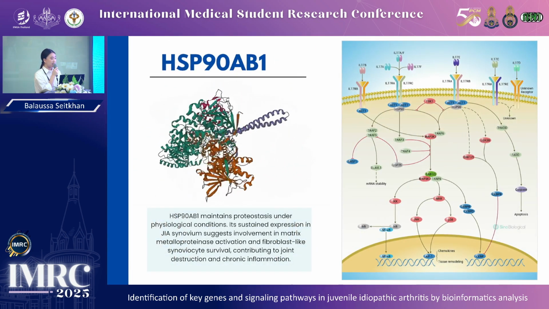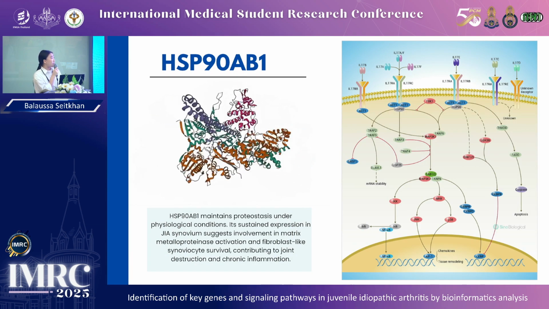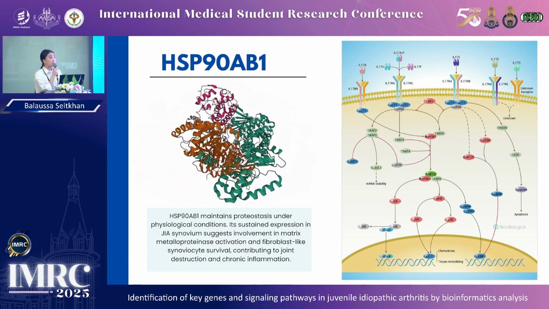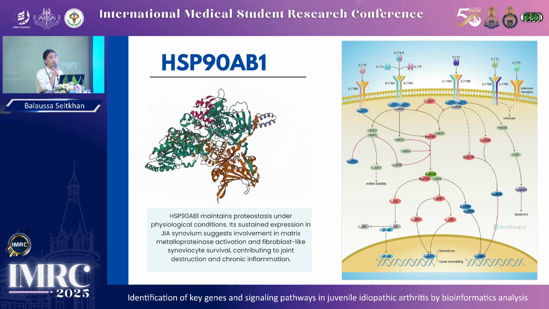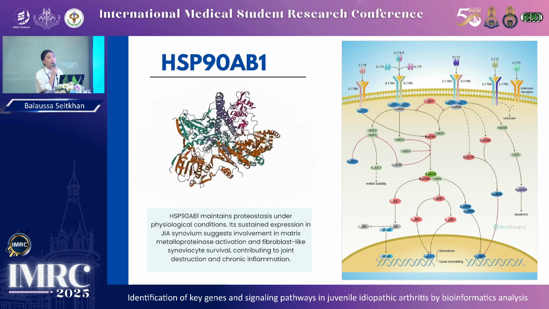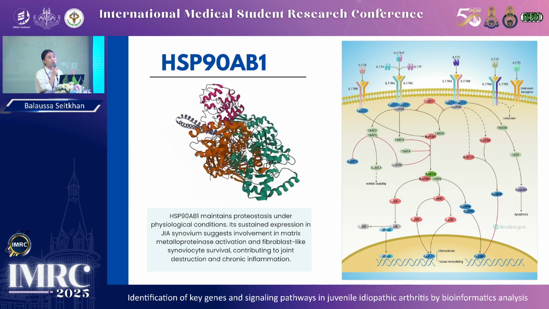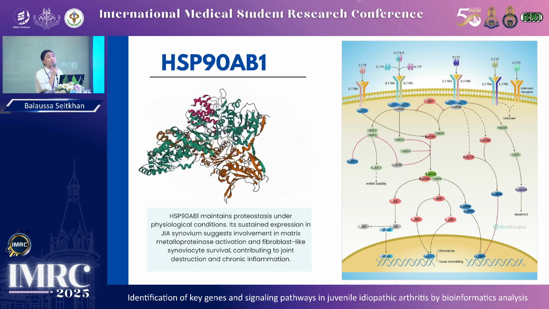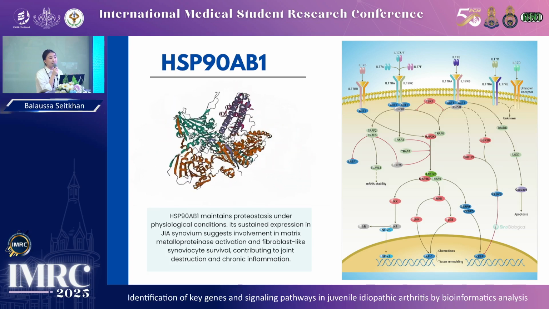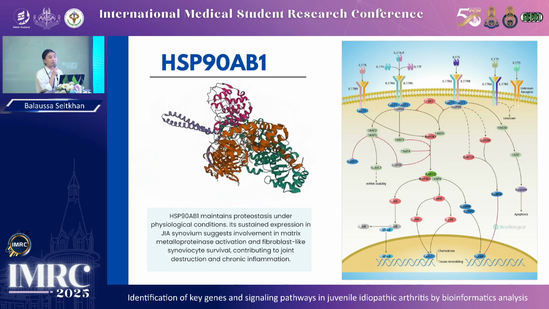HSP90AB1 is considered an isoform of chaperone proteins, and you know that chaperone proteins are essential for defending against cellular stress.